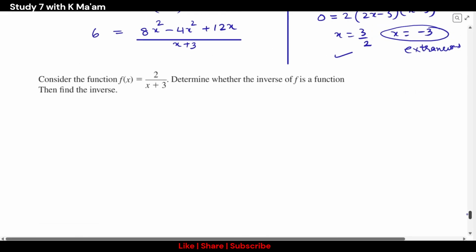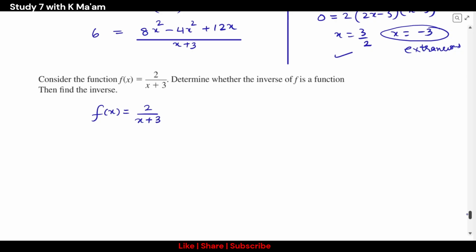Consider the function: determine whether the inverse of f is a function, then find the inverse. Let's try to find the inverse of a function. f(x) equals 2 over x plus 3. First thing is change f(x) into y.